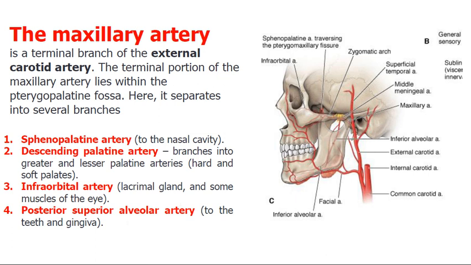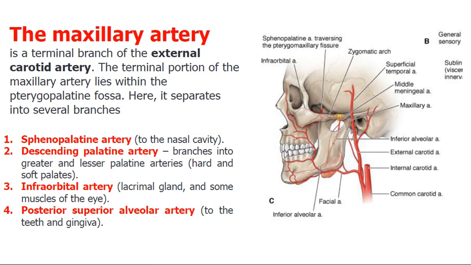And the other branch of the maxillary artery within the pterygopalatine fossa is the posterior superior alveolar artery, supplying part of the upper jaw, and even the teeth in the upper jaw, supplying also the gum and gingiva of the upper jaw. These are branches of the maxillary artery, and in turn they are considered as the contents of the pterygopalatine fossa.